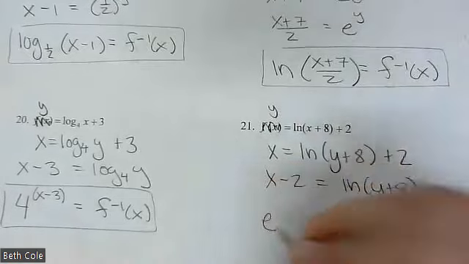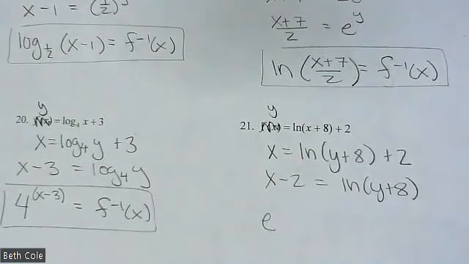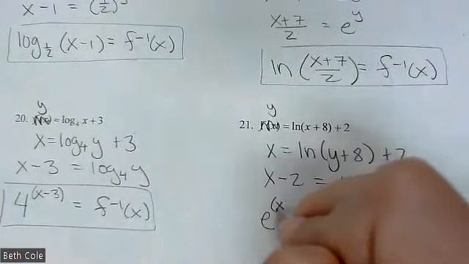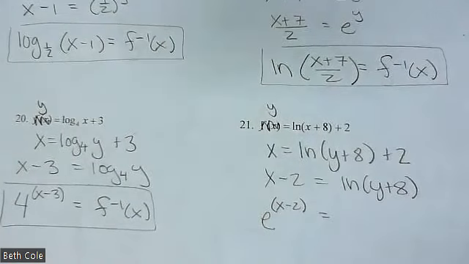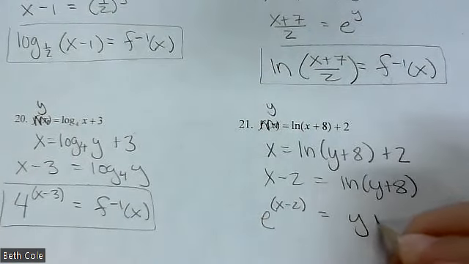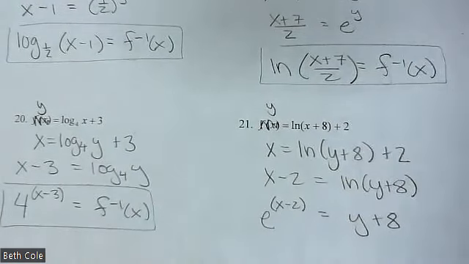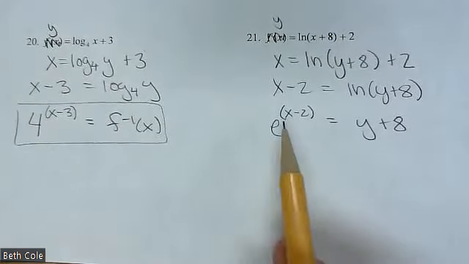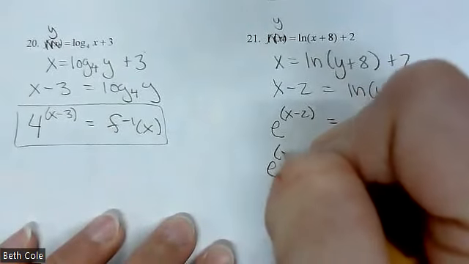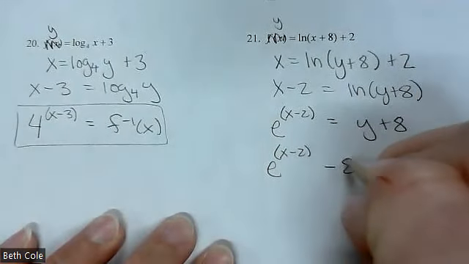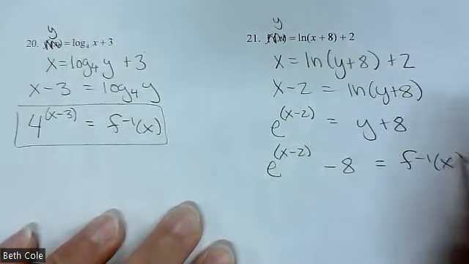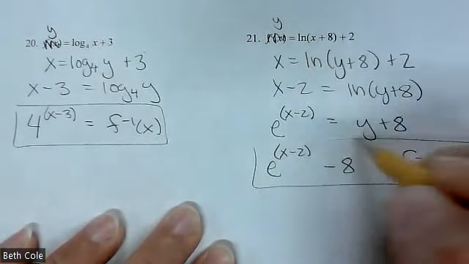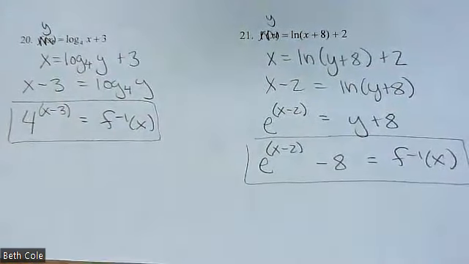E. It's e to the power of what? X minus 2 equals y plus 8. And we actually have one more step because y is not alone yet. Yeah, subtract the 8. So it'll be e to the x minus 2 minus 8 equals y, or if you want to put the official inverse notation, you can do that.